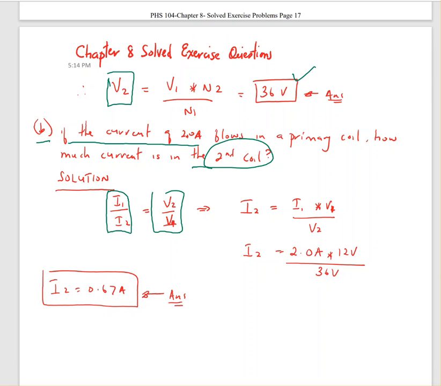So now I can find my current in the secondary coil. In this case, solve for I2. And when you do so, you're going to get 0.67 amps.